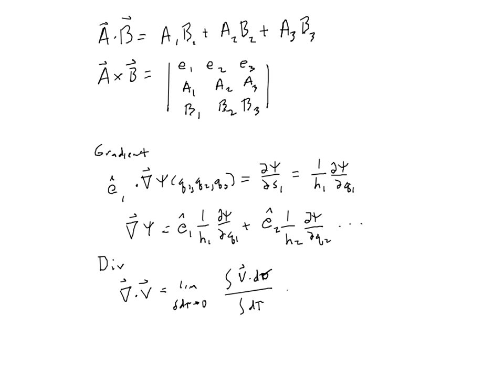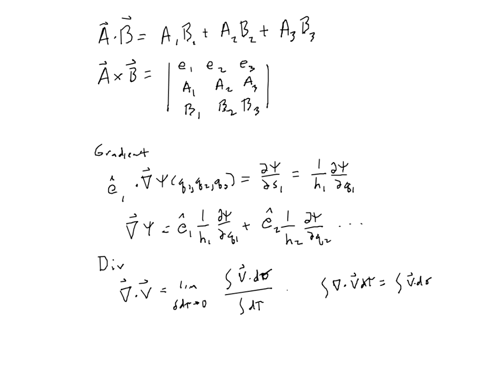And so what happens is they use Gauss's theorem, which says the integral of the divergence of a vector integrated over volume is equivalent to the integral of the vector integrated over a closed surface.